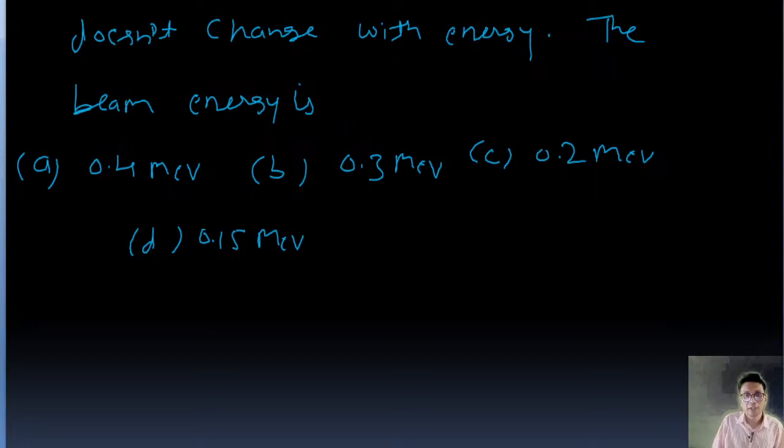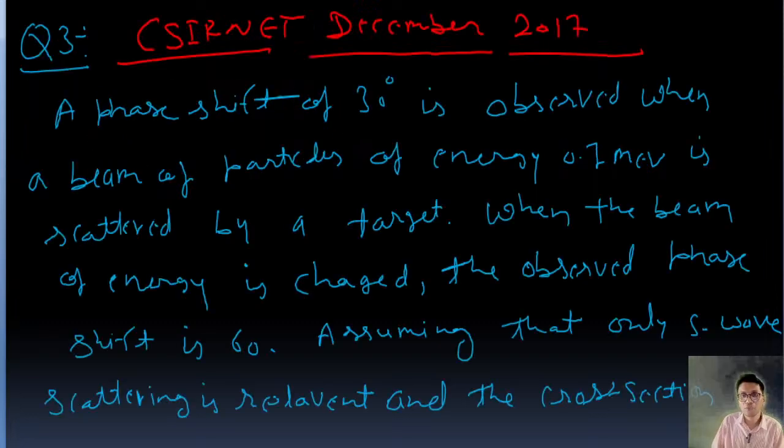I'll read the question again for you. So this is a phase shift of 30 degrees observed when a beam of particles of energy 0.1 mega electron volt is scattered. Okay, when a beam of particles of this energy is scattered, then we have got 30-degree phase shift.